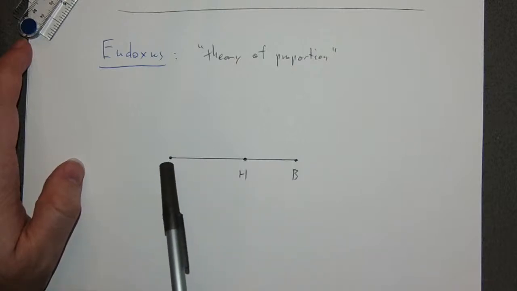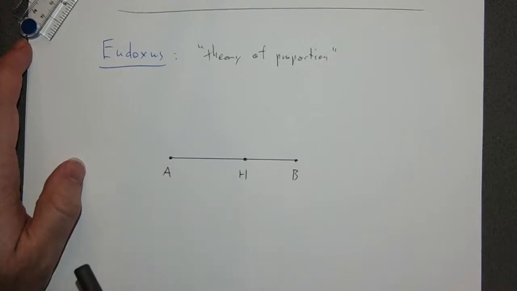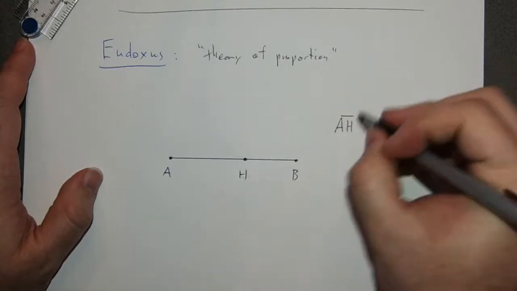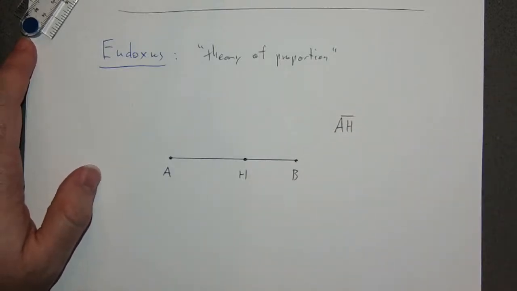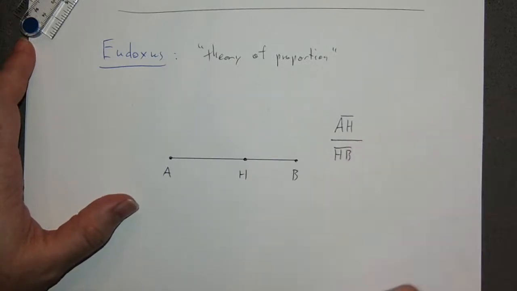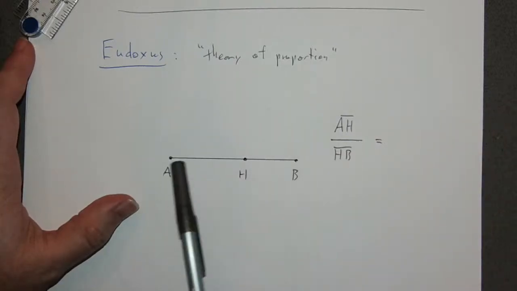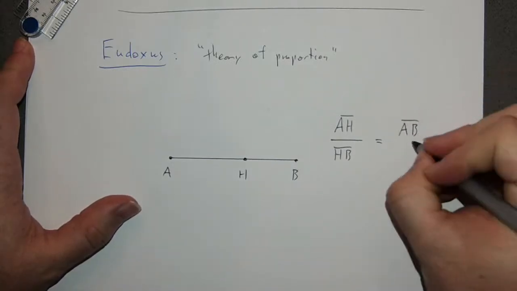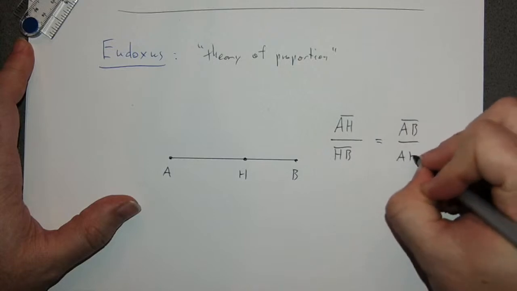So the ratio of the whole to the greater part is the same as the ratio of the greater part to the lesser part. Rewritten, this says the length AH divided by the length HB is the same as the entire length of the segment AB to the larger part AH.